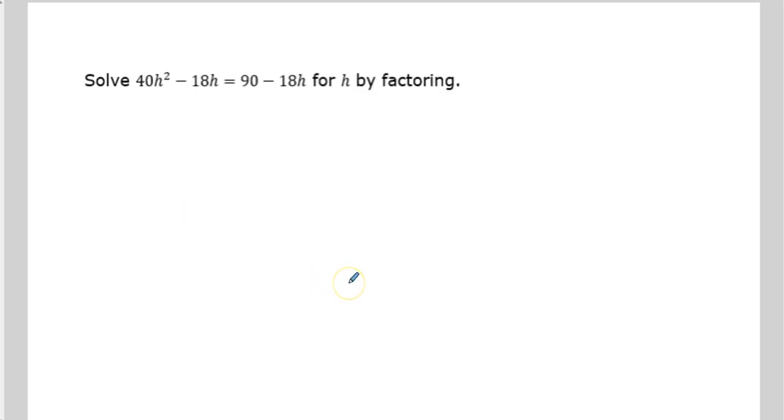Alright. Now, if we have more on this side, that's okay. We're going to do the same thing. We're still going to move everything over. That is a C, by the way. We're going to move everything over, just like we have been doing.